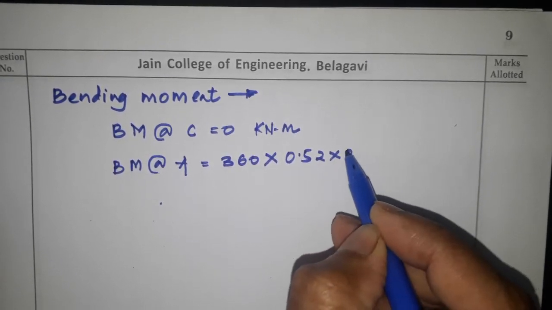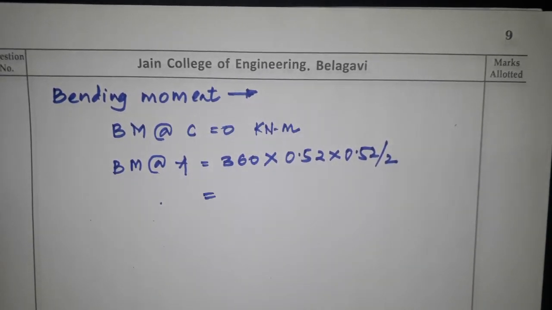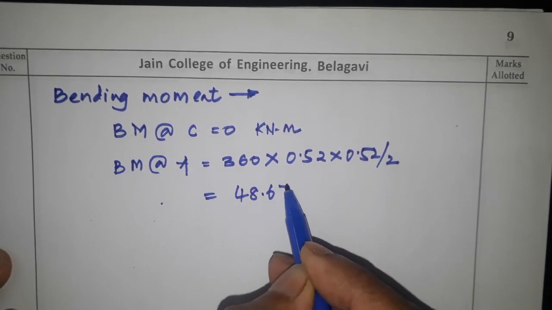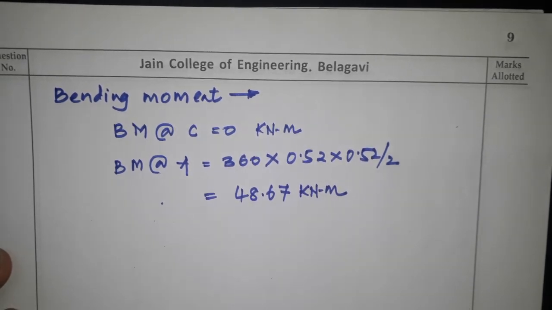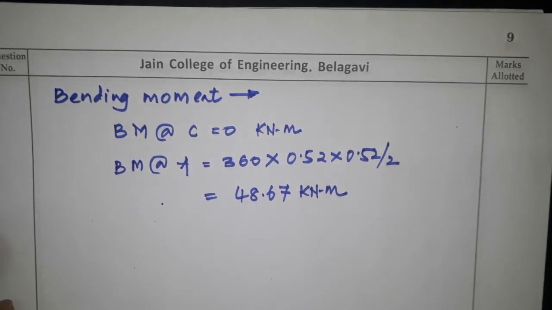0.52 into 0.52 divided by 2, that is WL square by 2 for a UDL. So we will get 48.67 kilonewton meter. We'll check it here: 360 into 0.52 into 0.52 divided by 2, yes, 48.67 kilonewton meter.